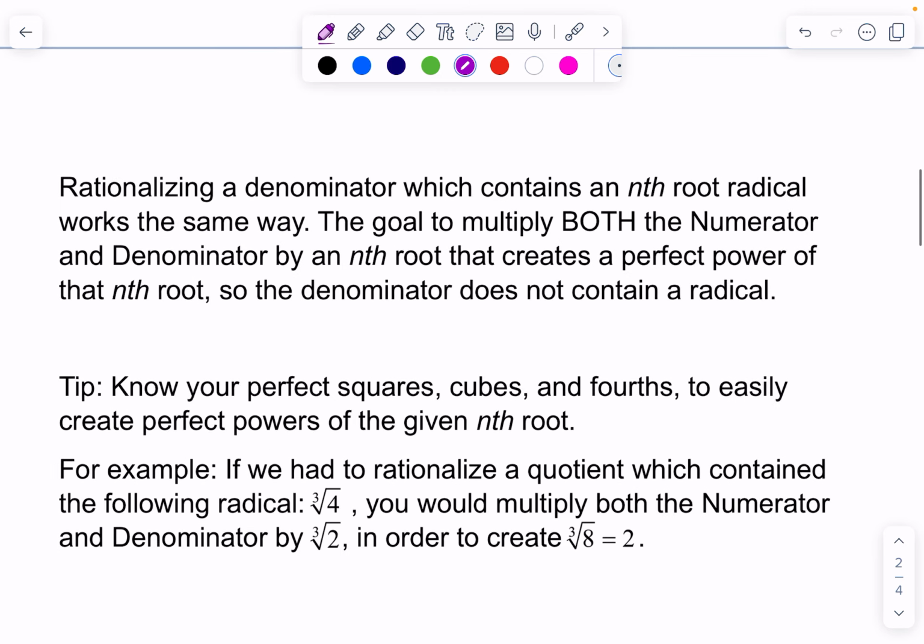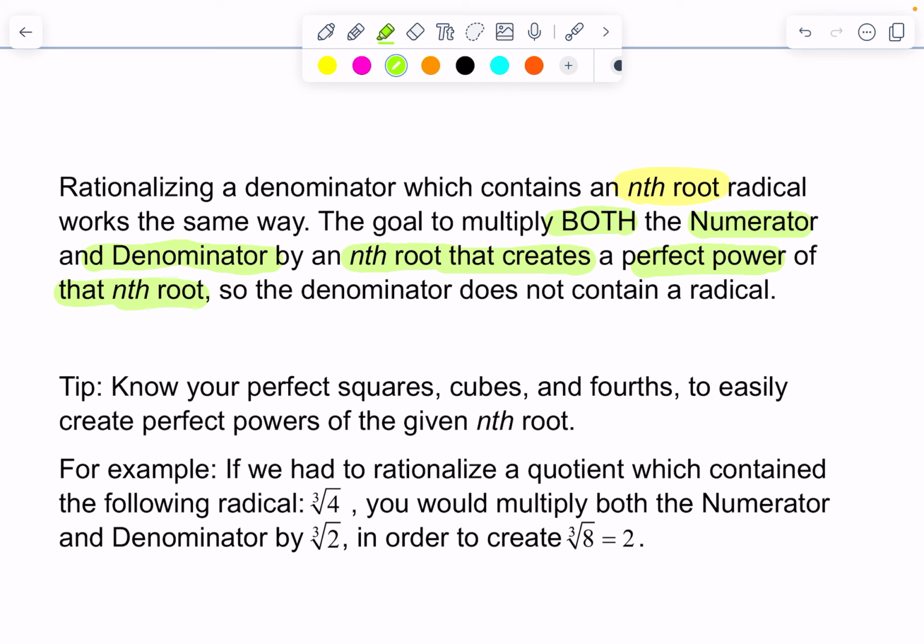Rationalizing a denominator which contains an nth root, not a square root radical, works the same way. The goal is to multiply both the numerator and denominator by an nth root that creates a perfect power of that nth root so that the denominator does not contain a radical any longer.